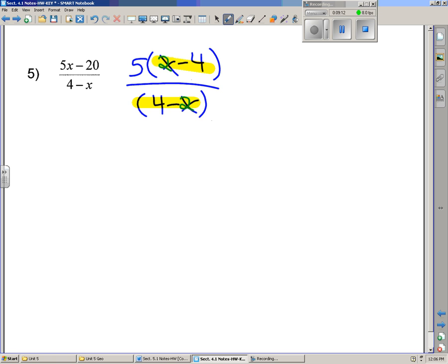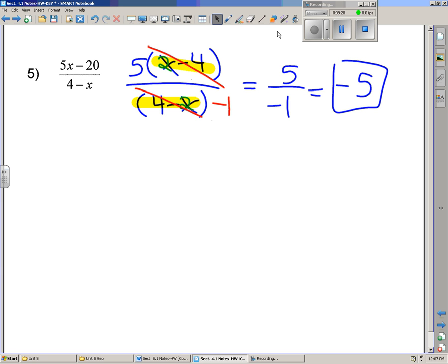Those are opposites. So when these guys cancel out, you're left with a -1 somewhere. Doesn't matter where you put it. So if I leave that -1 on the bottom, I get 5 over -1, but bottom line, the answer is -5.